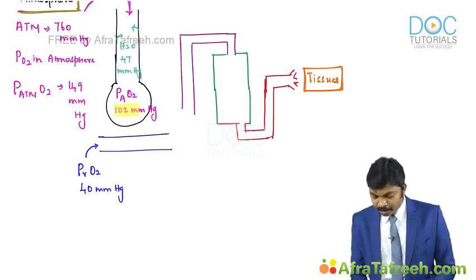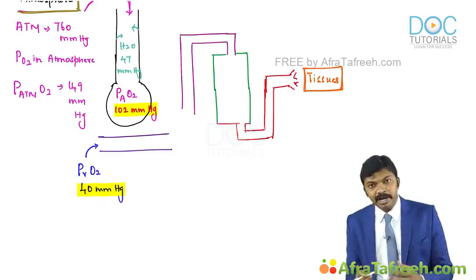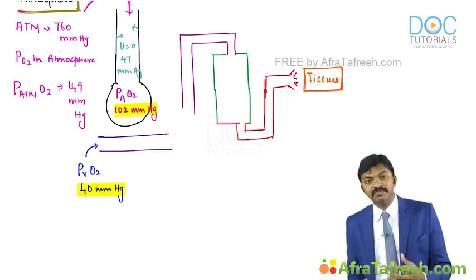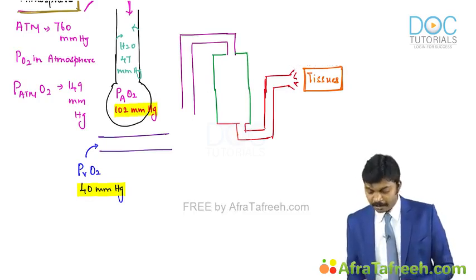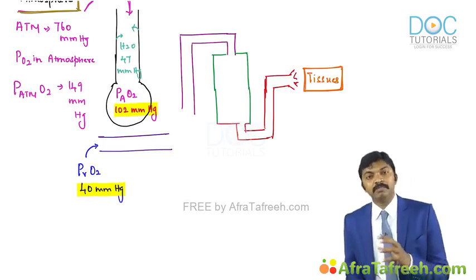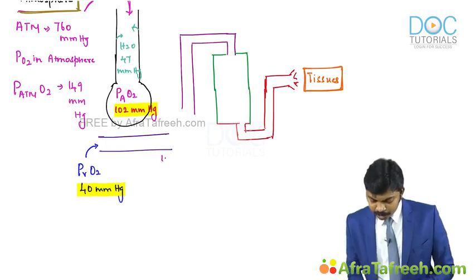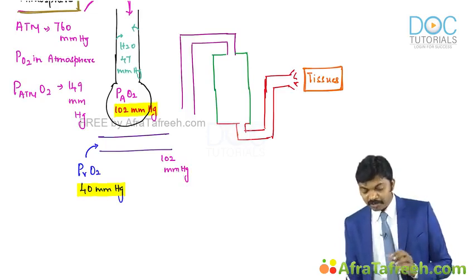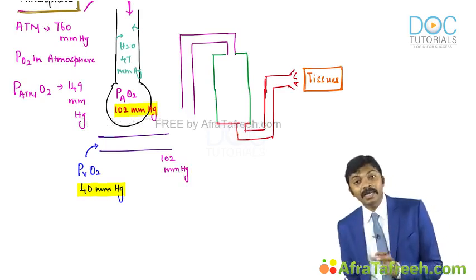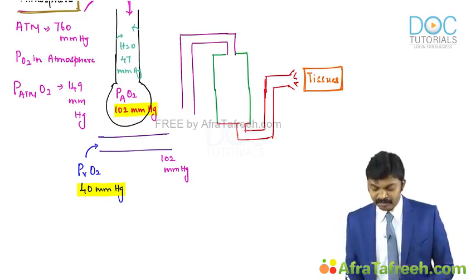You have 102 millimeters of mercury at the alveolus, 40 millimeters of mercury in pulmonary capillaries. The pressure gradient favors transfer of oxygen from alveolus into pulmonary capillary. So, by the time the blood crosses the alveolus, the blood gets adequately oxygenated to a pressure of about 102 millimeters of mercury again.